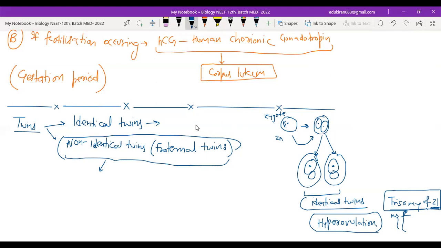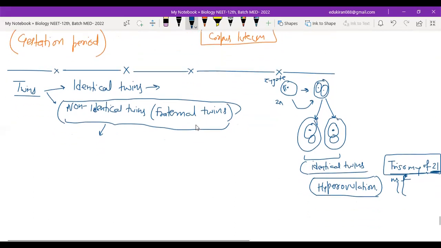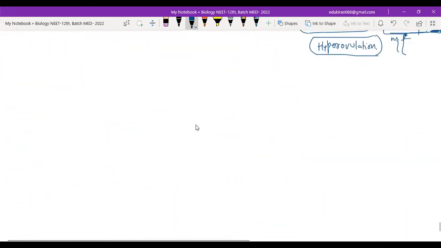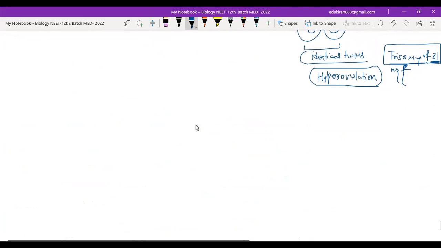I am giving you a homework, everyone. Please revise today's class. There are a few more topics that we have to finish for this chapter that we will do in the next class, and then we'll start with reproductive health. So the topics that you have to study, write down your homework, are the following. We have studied till fertilization here.